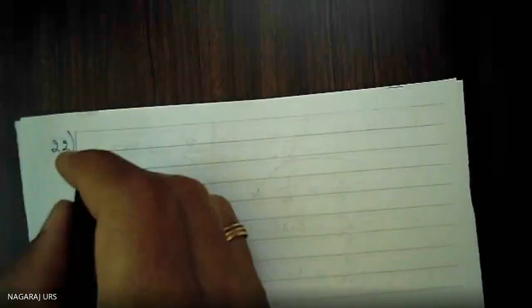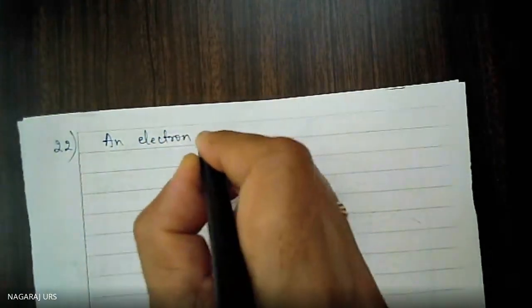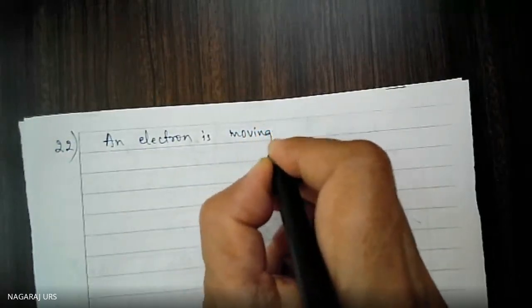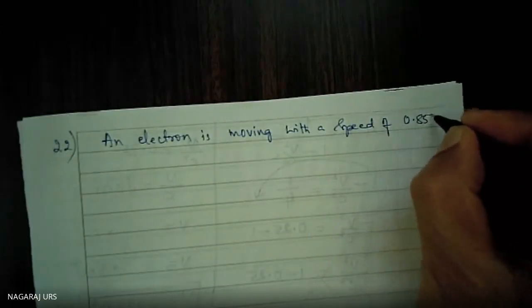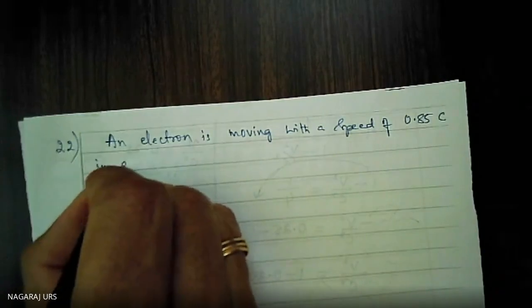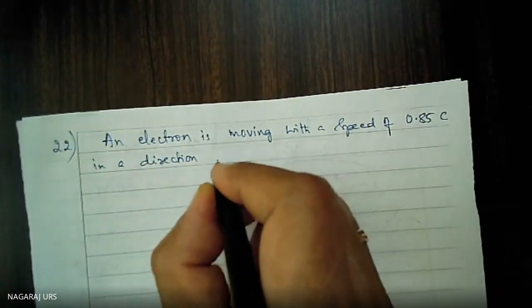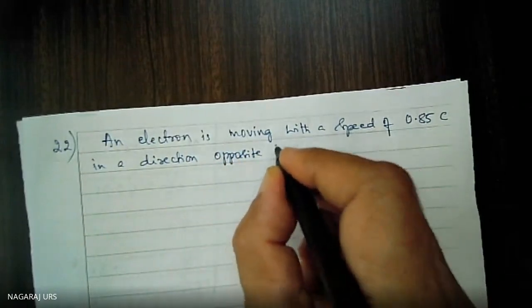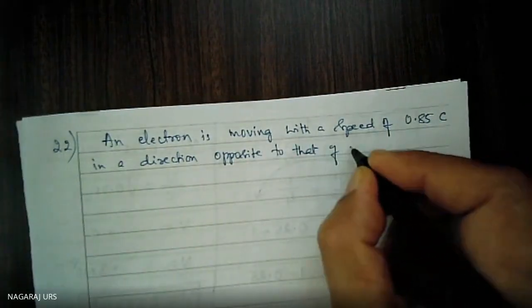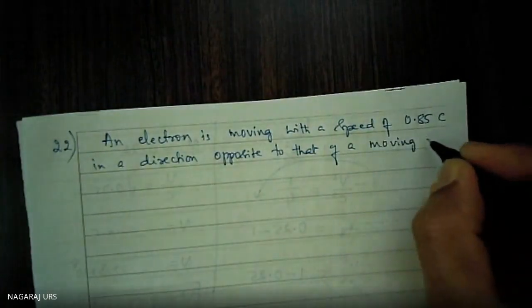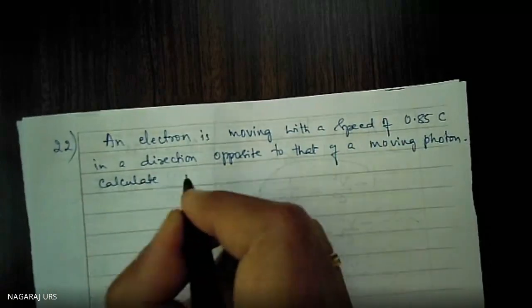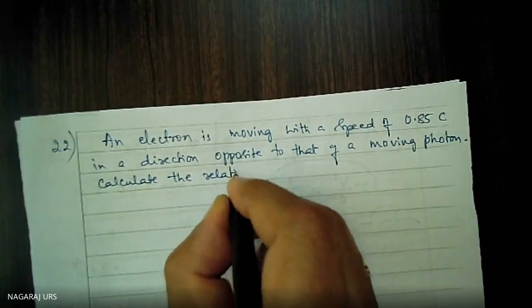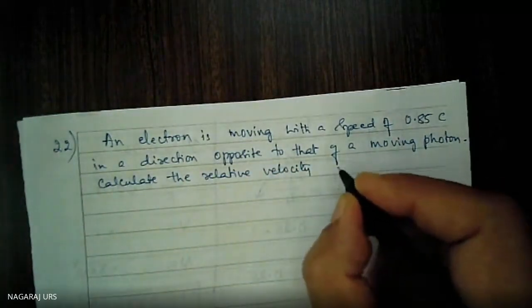Yes. Write this question. An electron is moving with a speed of 0.85 c in a direction opposite to that of a moving photon.